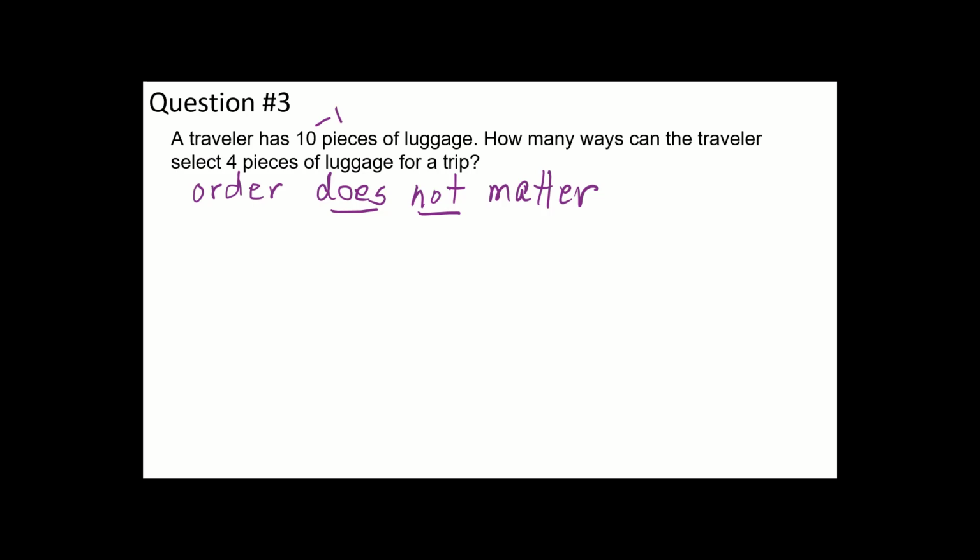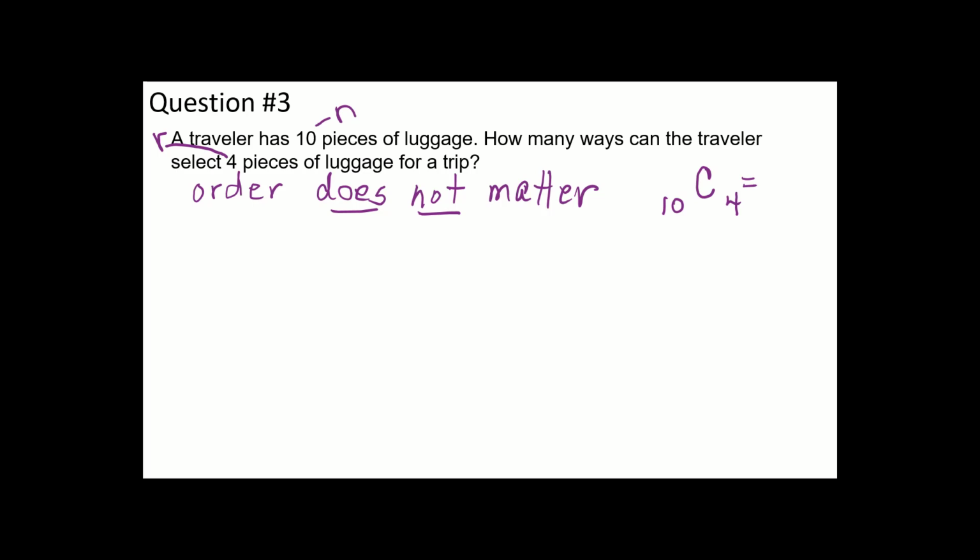Start by identifying N. We have 10 pieces of luggage. That's our 10. We're going to select 4 of those. 4 is R. We write that as a combination of 10 things taken 4 at a time.